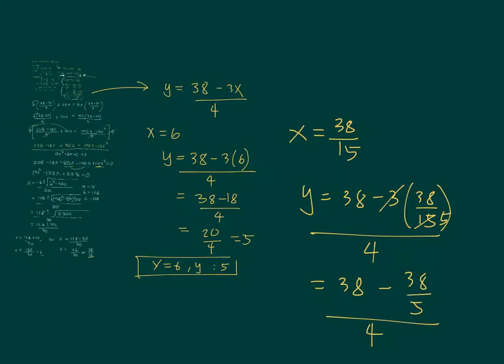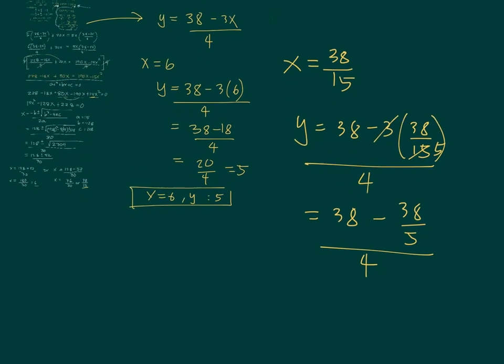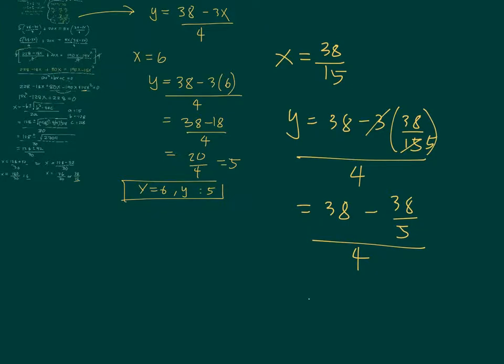From here, you have the option to calculate this using a calculator, or you can continue doing this manually. So I'll just try to do it manually. You have to change this into over 5. So 5 times 38 is 190, and then minus 38 over 5, everything divided by 4.